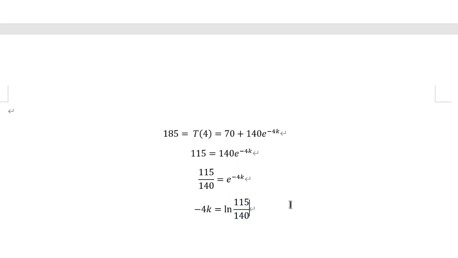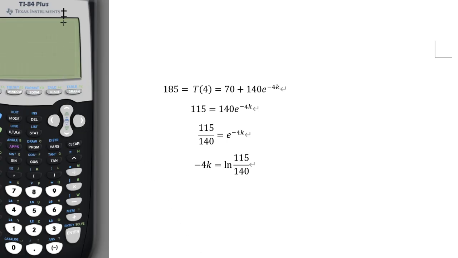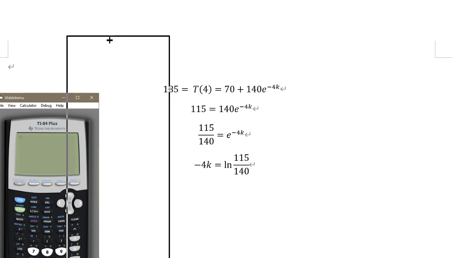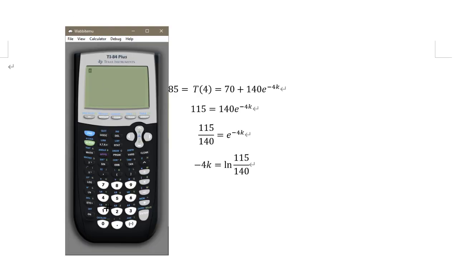And this we need a calculator for, so let's use a calculator. Here's my calculator. Let me make it slightly smaller. So we have ln of 115 divided by 140.